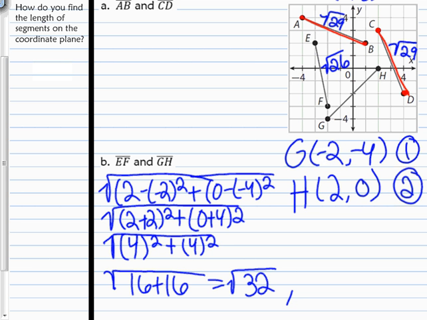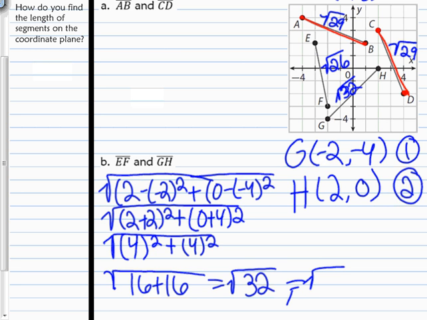Okay, I worked this out, and you can see, if you've looked at my problem, that I got the square root of 32, which is definitely different than the square root of 26. So GH is the square root of 32. And I can factor that a little bit. 16 is a perfect square, and 16 times 2 makes 32.